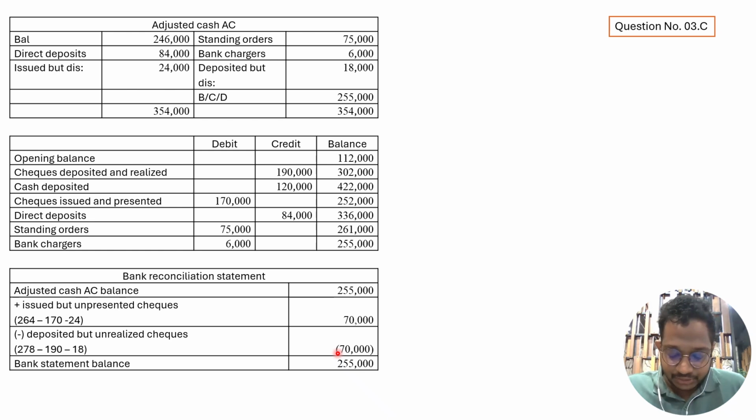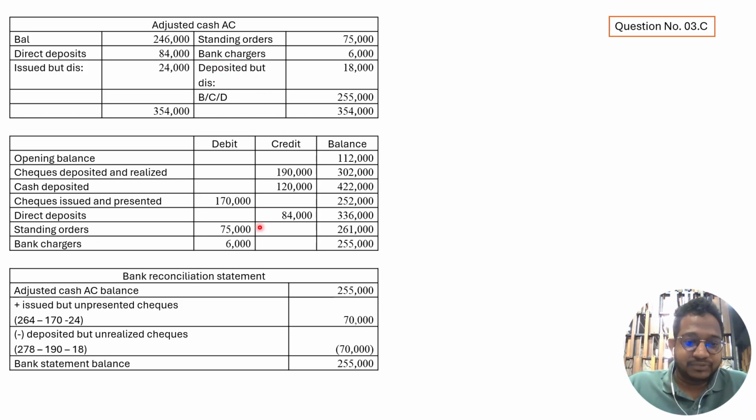And for the checks issued, you issued totally 264,000. From that, 24,000 worth of checks were dishonored. So when you're issuing checks, you are crediting that to the cash account, and when those are dishonored, you should debit back to the cash account.